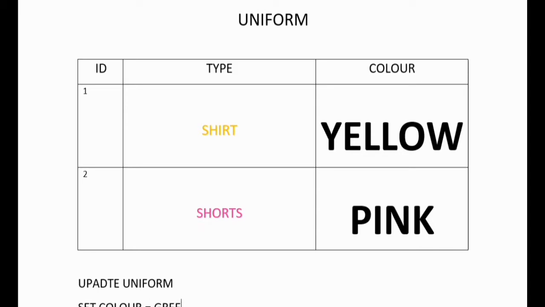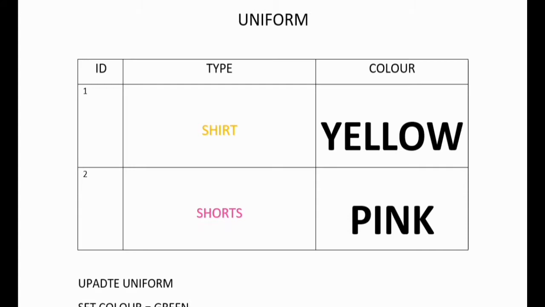green. Okay, what this query will do is that it will check in our database. What are we updating? We are updating the table named uniform. That's where update uniform comes in. Then which part of uniform are we updating? Color.